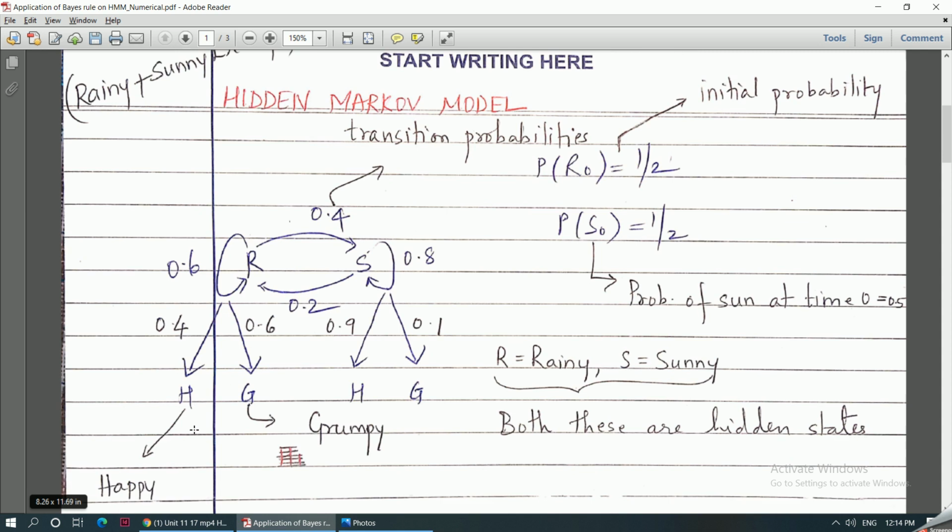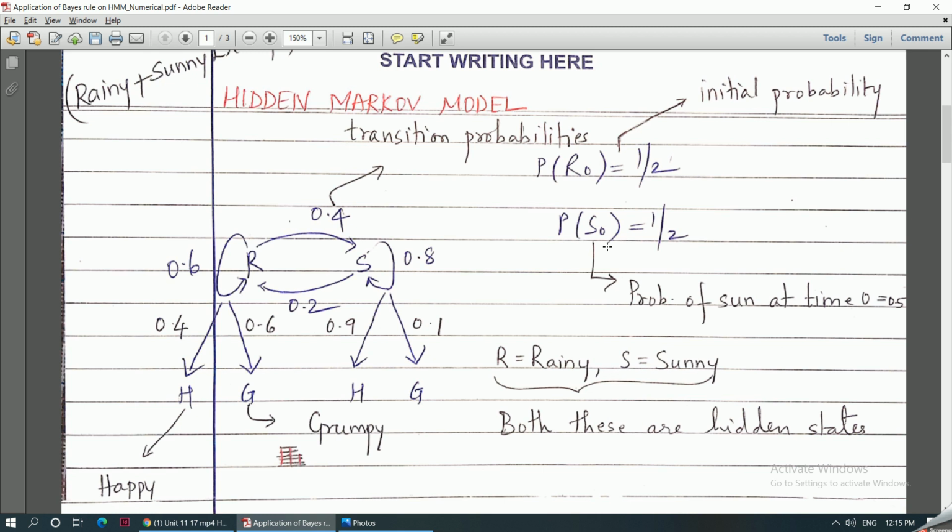H stands for happy and G stands for grumpy. So each of these two states have got two observances respectively. As we all know, in hidden Markov model, the states are hidden. Only from the observances we have to find out the probability.